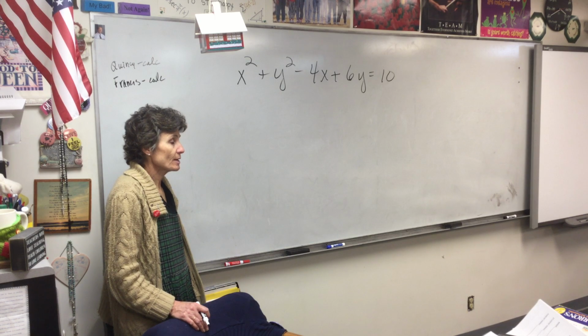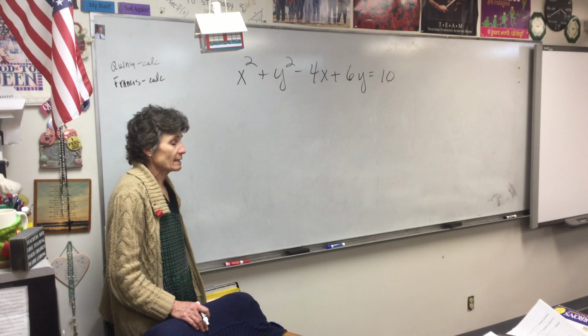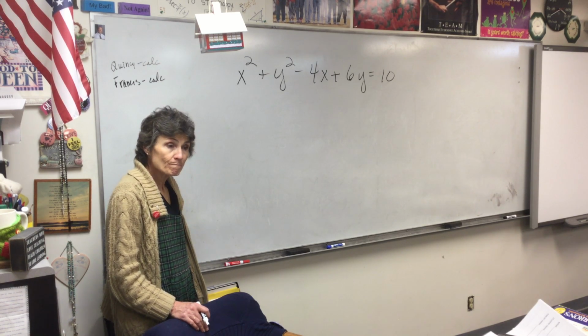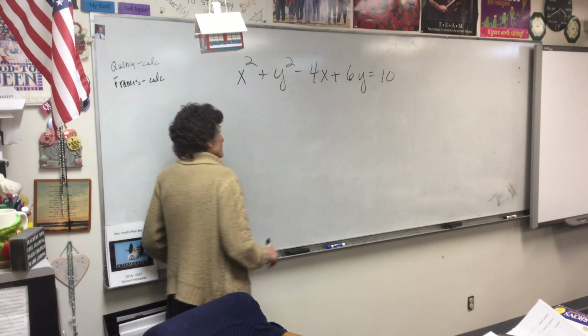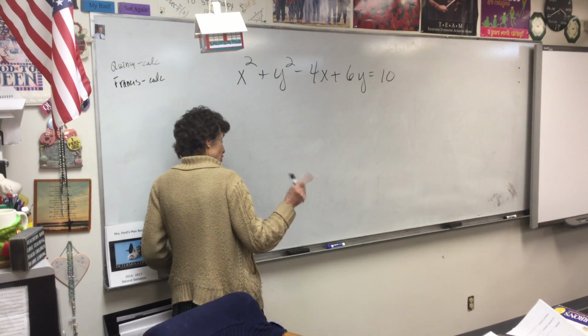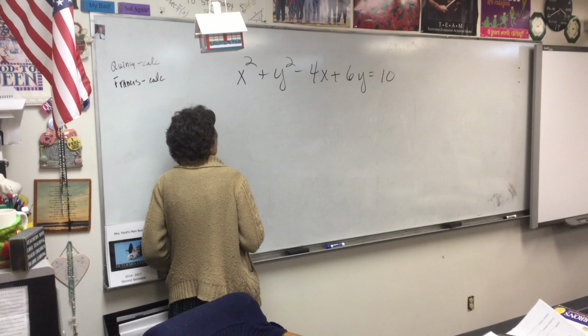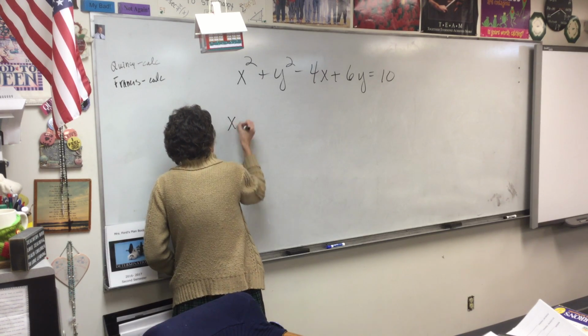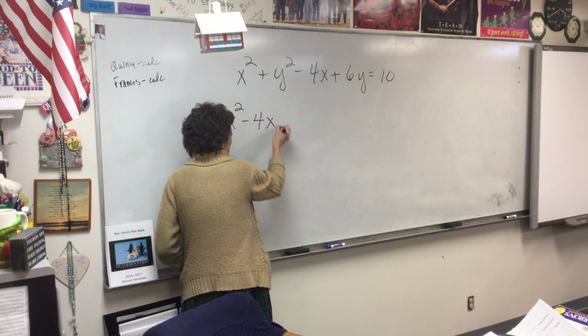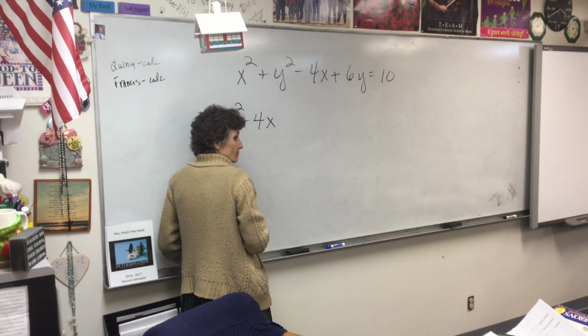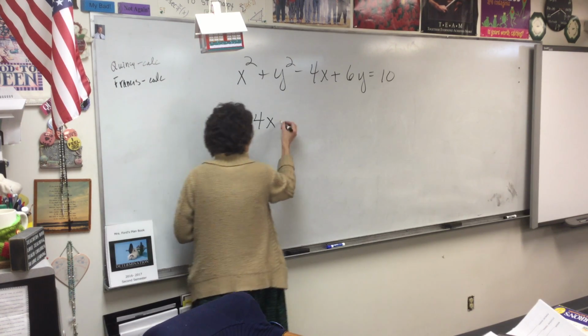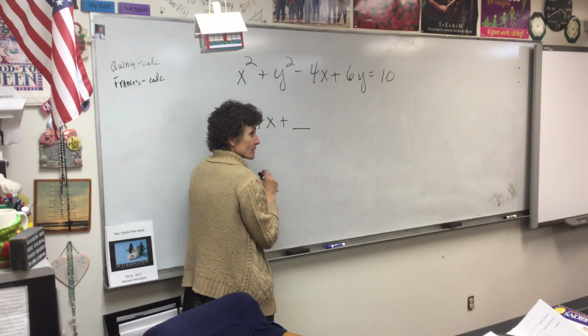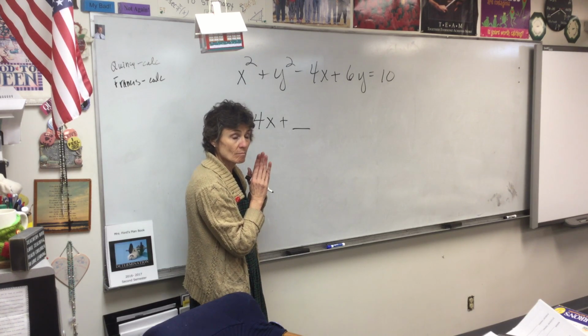Okay, a center and a radius. So we need to get this thing into standard form, and we do that by completing the square, just like you did with your parabola. So step 1, let's get the x terms together. I'm going to leave a blank there because I'm going to complete the square.